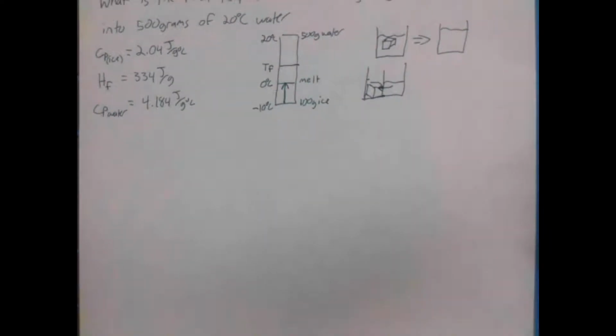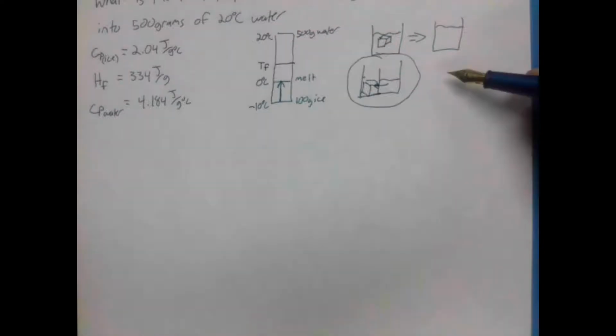And remember that we're going to isolate this from the rest of the universe. No heat is going to be able to leave the system, so we're going to put this in a bubble. No heat is going to go into the system, warming it up, and no heat is going to leave. So this means that the total net flow of energy is going to be 0.